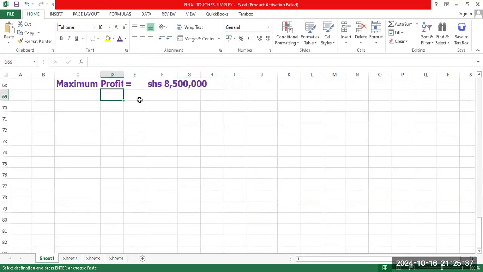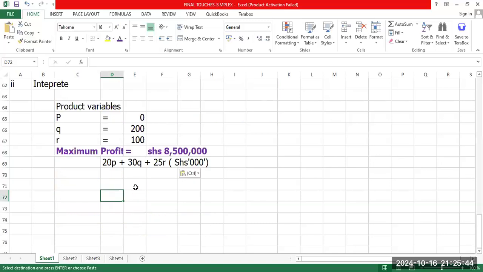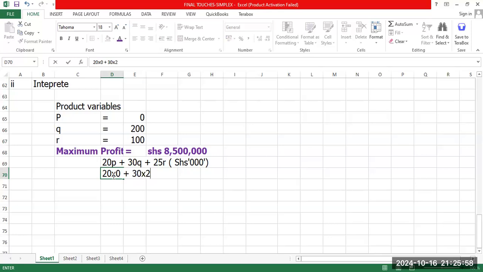Where there is P, put 0, where there is Q, put 200, where there is R, put 100. So you're going to get 20 times 0 plus 30 times 200 plus 25 times 100.